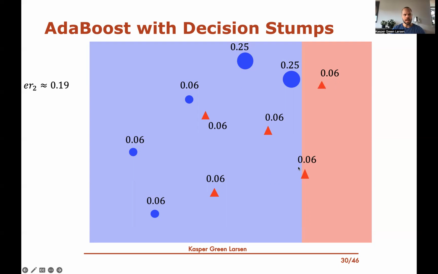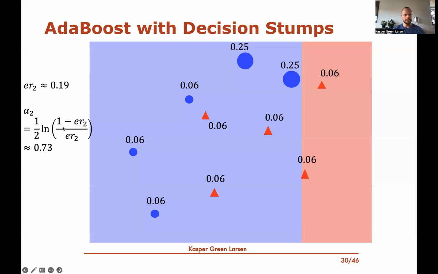Then we compute the error again, the weighted 0-1 loss. So here's 0.06, with some decimal points that I ignored. If you sum them up with the real weights, you would get roughly 0.19. Okay, so this error is 0.19. It's the sum of the weights on these three red points here. Then you compute this constant, a half log of 1 minus 0.19 divided by 0.19.